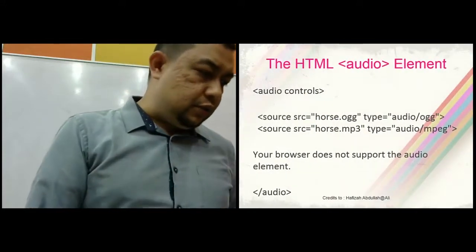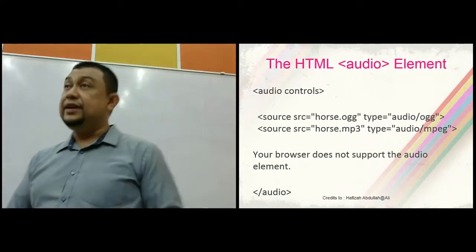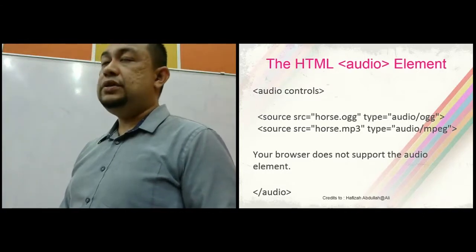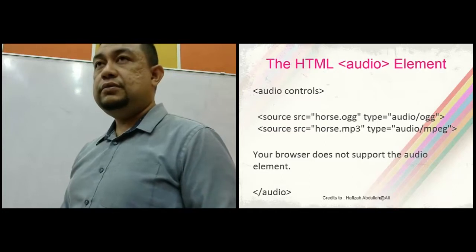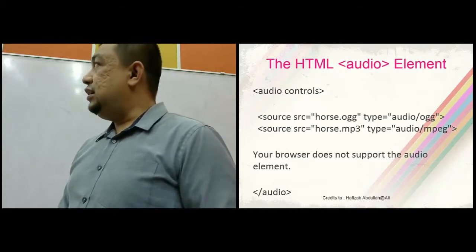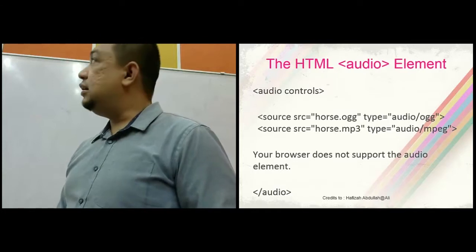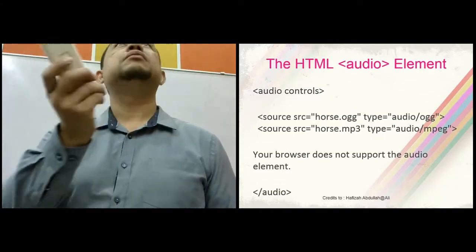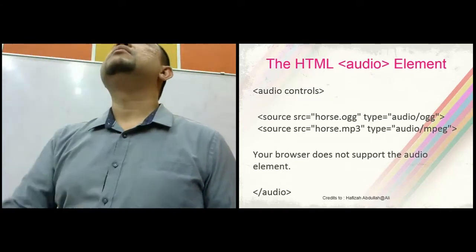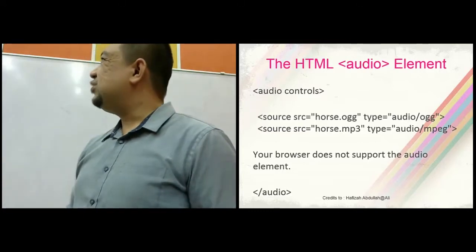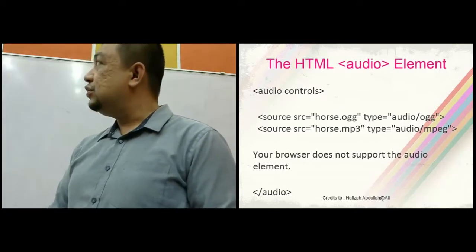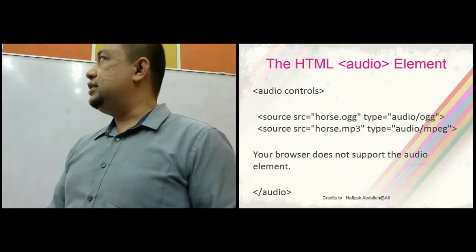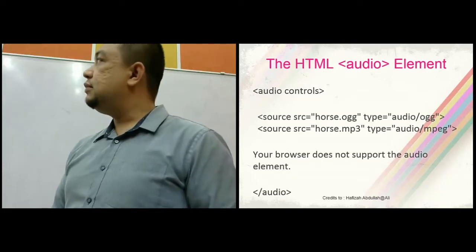Okay, this is how we include audio in our HTML file. We start with the audio tag. When we open the audio tag, make sure you close your audio tag. We can include one attribute for this audio tag, the controls attribute. I will show this attribute in the browser after this.